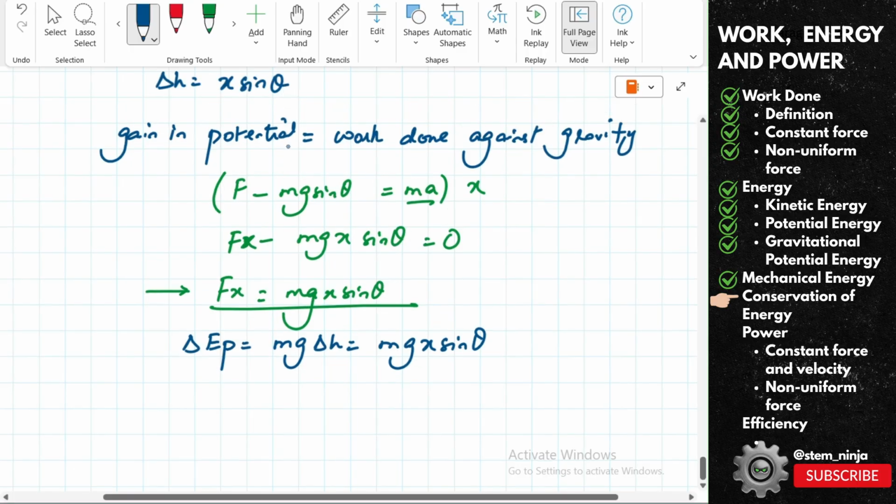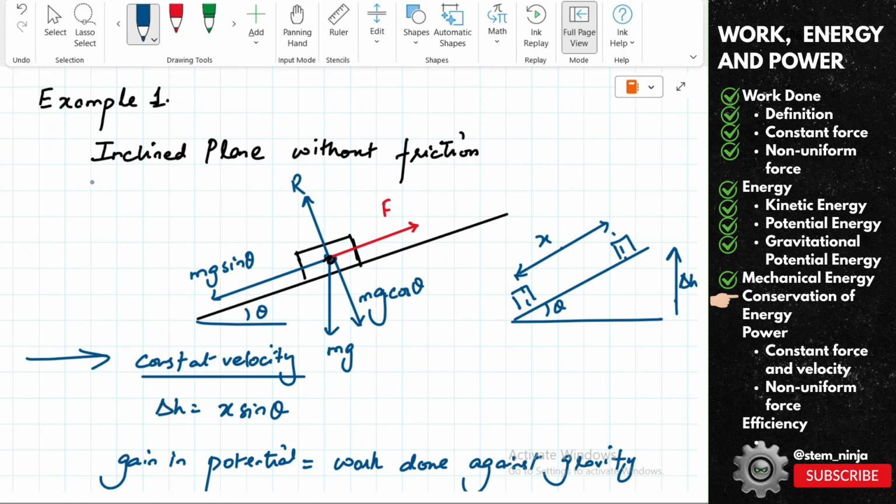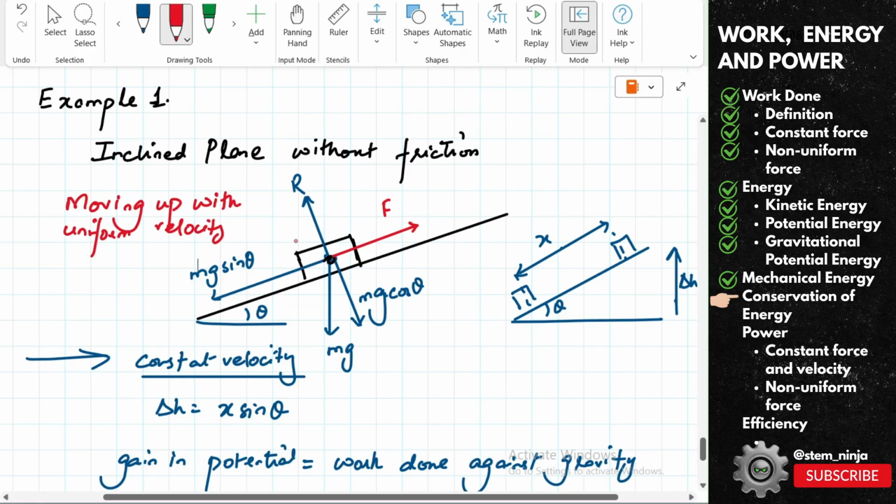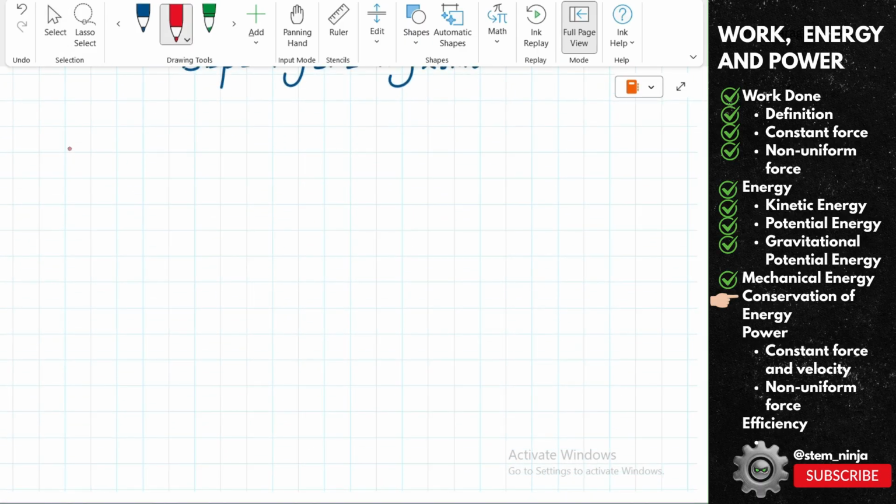What if it's allowed to just fall back down? So this case was moving up with uniform velocity. Now let's say moving down, falling back down with the weight component as acceleration.